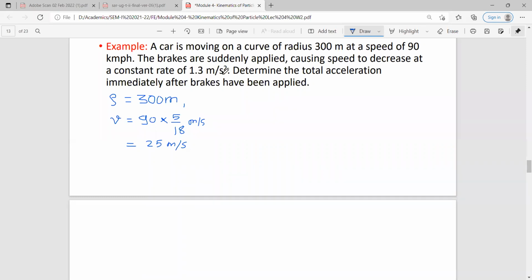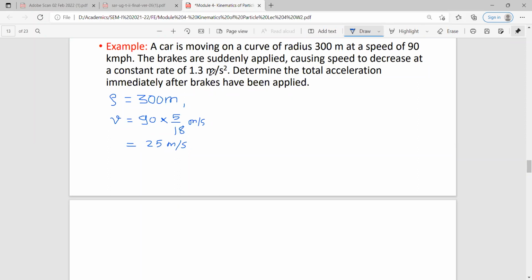It is the retardation, rate of change of velocity, rate of decrease of velocity. And we also call retardation as negative acceleration.